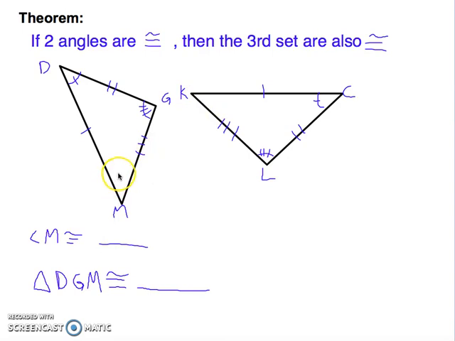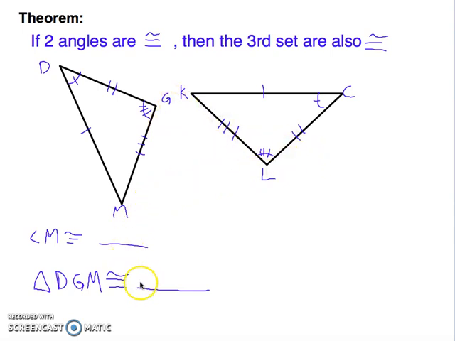So because I have two angles that are already marked congruent, I know that angle K has to be congruent to angle M, and angle M has to be congruent to angle K, because if two angles are congruent, the third set also has to be congruent, because all six corresponding pieces are congruent.